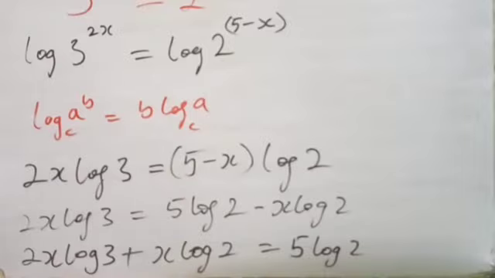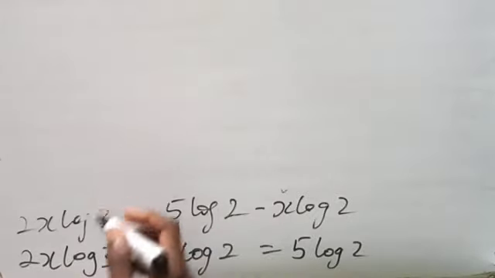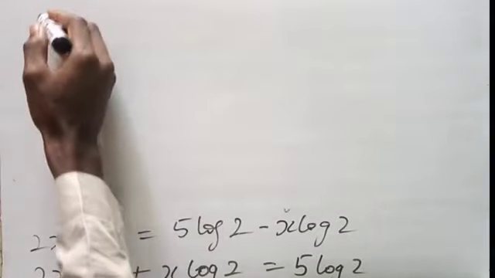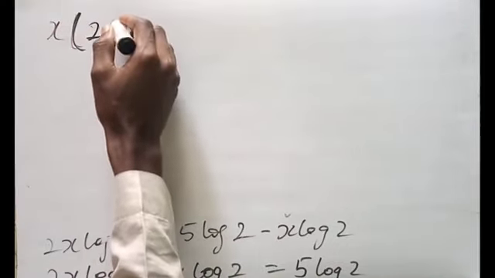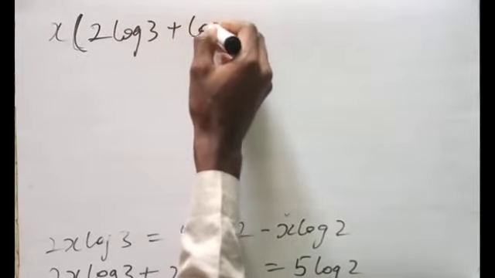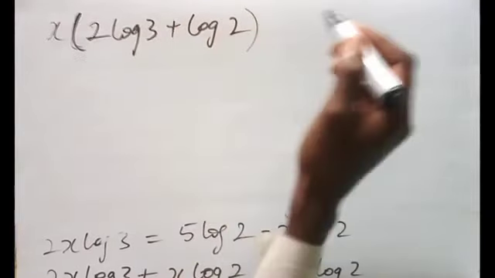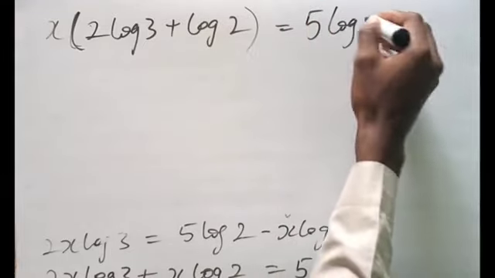So this will become x into (2 log 3 plus log 2) equals 5 log 2.